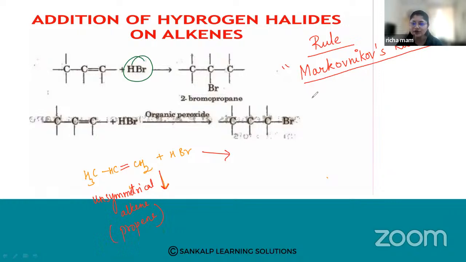Markovnikov's rule states that when HBr, a hydrogen halide, is added across the double bond of an unsymmetrical alkene, the negative part will be added to the carbon having the least number of hydrogen atoms. In hydrogen bromide, if I break this bond, hydrogen will be H plus and a bromide ion will form. So bromide is the negative part.